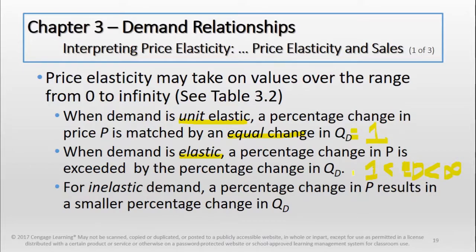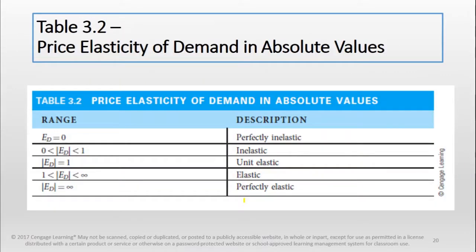So, that is it. Now, for inelastic demand, of course, it is the opposite. So, here is the next table. Again, if your elasticity of demand is equal to 1, that is unit elastic.